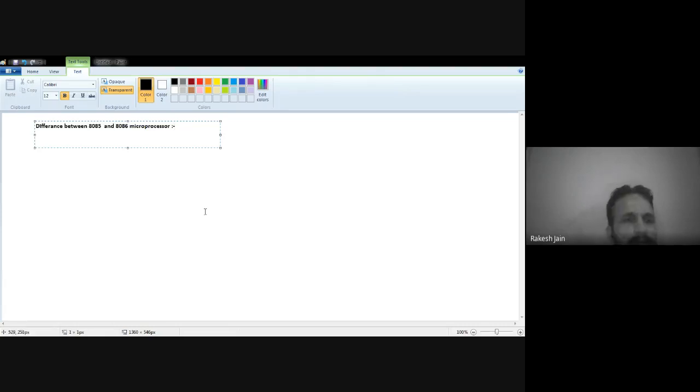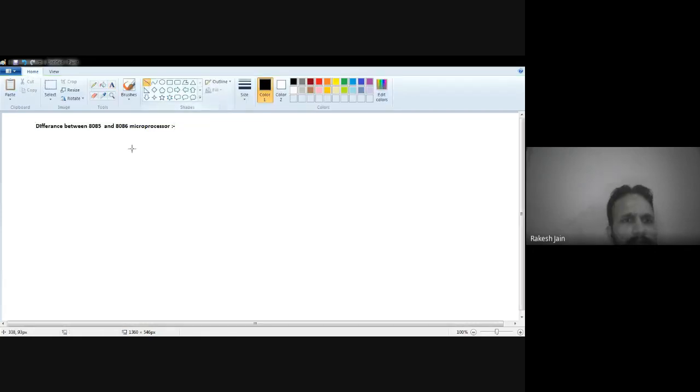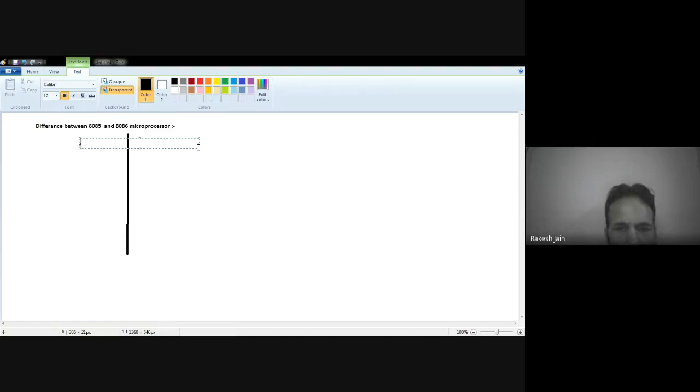What is the difference between the 8086 microprocessor and the 8085 microprocessor? Look at it carefully. First of all, I just increase the font size. Here you will see 8085, and here we will talk about 8086.